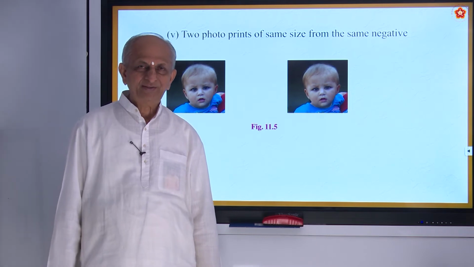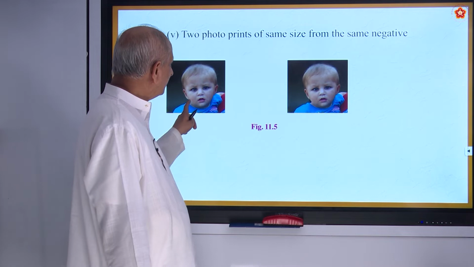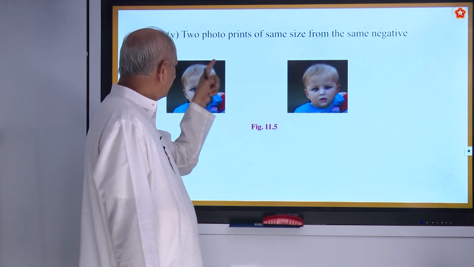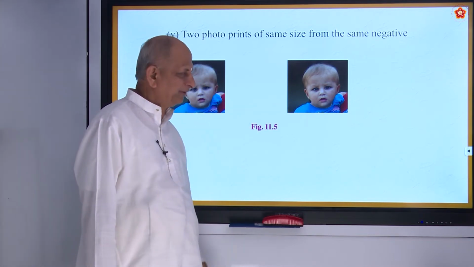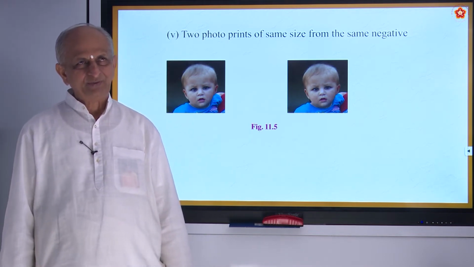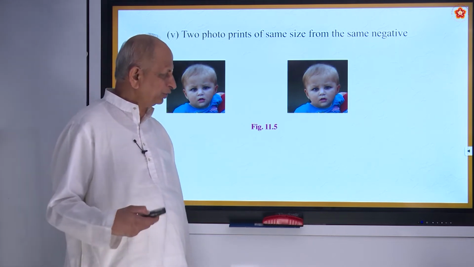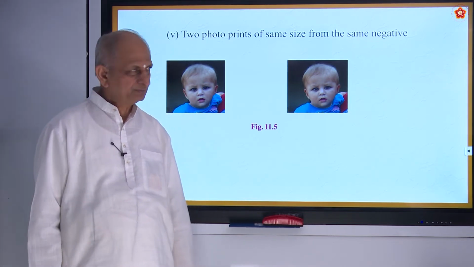That we call as similar figures. This is congruent figures. Shape also same, size also same. Okay, these are some of the interesting things what we see in nature. Like that you can go on listing out. Not only this, you have some more also.